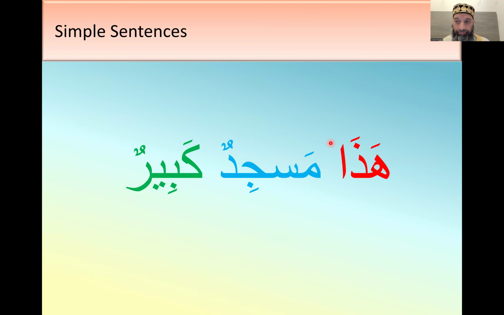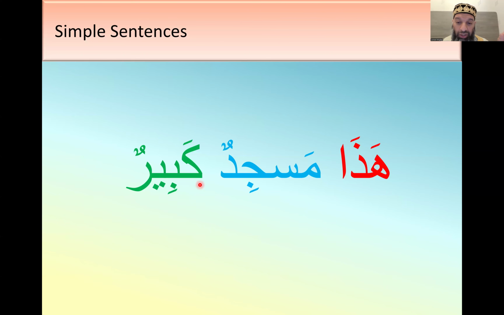In English, we will say the description of the noun, and then we will say the noun. So we will say the big masjid, the fantastic car, the fast car, the beautiful car, the massive house. We say the description and then the noun.